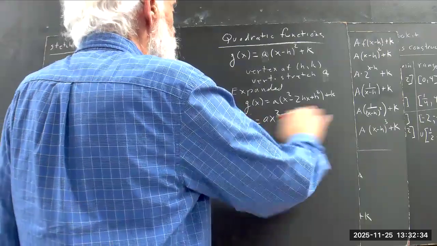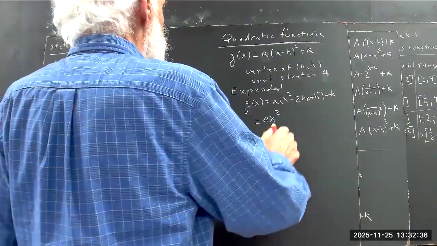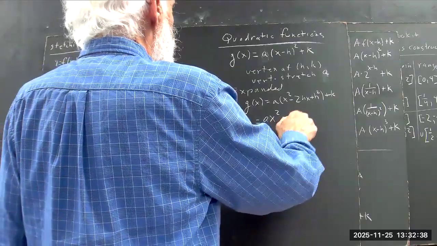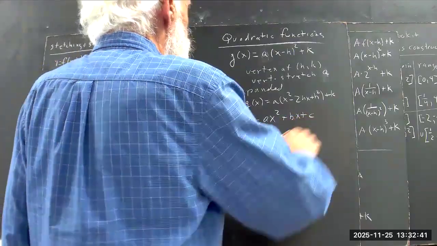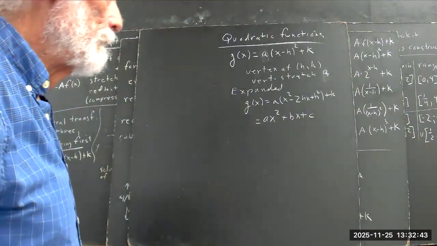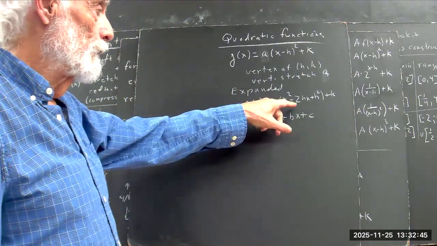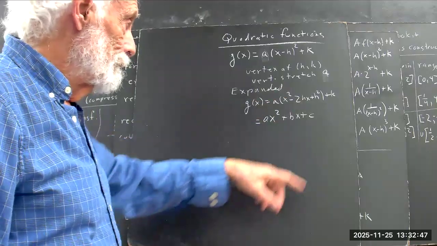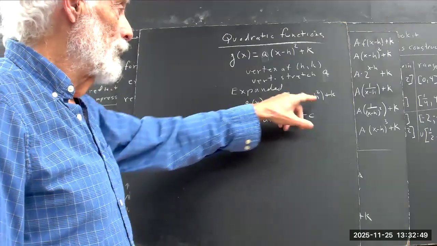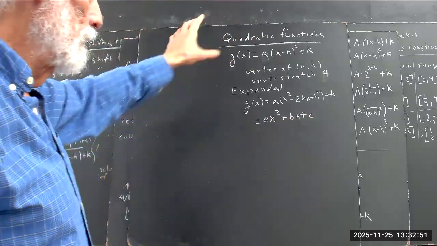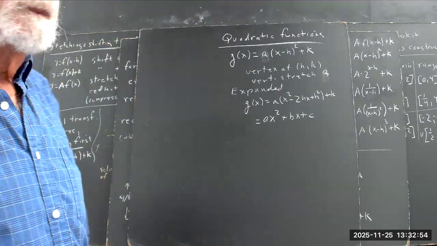And then you simplify that and you get ax squared plus bx plus c. B is just going to be a times your negative 2h. And c is going to be a times h squared plus k, but you don't need to necessarily know that.